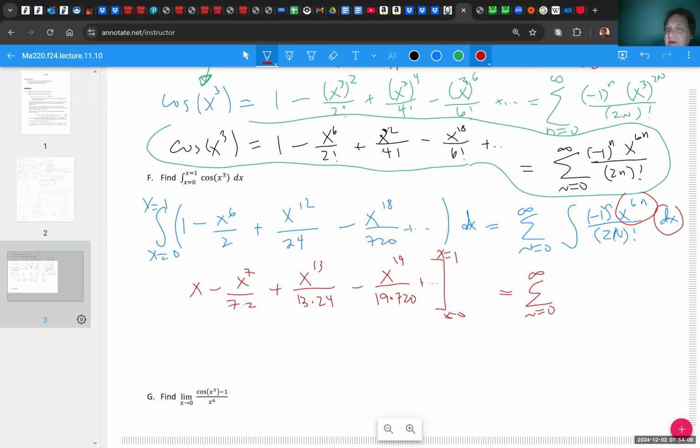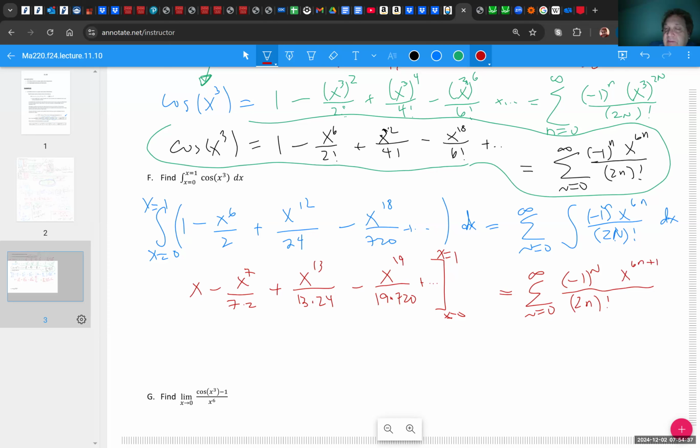So that's the thing I'm anti-differentiating. So the antiderivative of x to the 6n is going to be x to the 6n plus 1 divided by 6n plus 1. The other stuff is constants. Constants are not affected by antiderivatives or derivatives. So the negative 1 to the n will still be there. The 2n factorial will still be there because they're just constants. But the x thing, I'll have to make one bigger exponent.